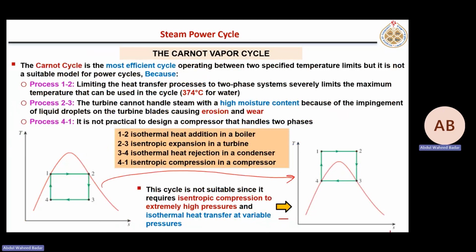to operate a steam power plant like a Carnot cycle. But look, 4 to 1 is in one region, 2 to 3 is in one single phase region, but now it is very difficult to achieve 1 to 2. You cannot have a constant temperature process above the dome. That's not possible.